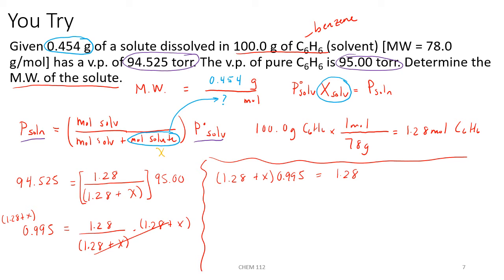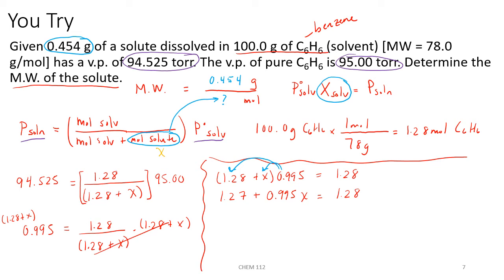Next, we have to distribute our 0.995 to the x term, and we have to distribute it over to 1.28. When we take 0.995 times 1.28, we get about 1.27 plus 0.995x, and that's equal to 1.28.